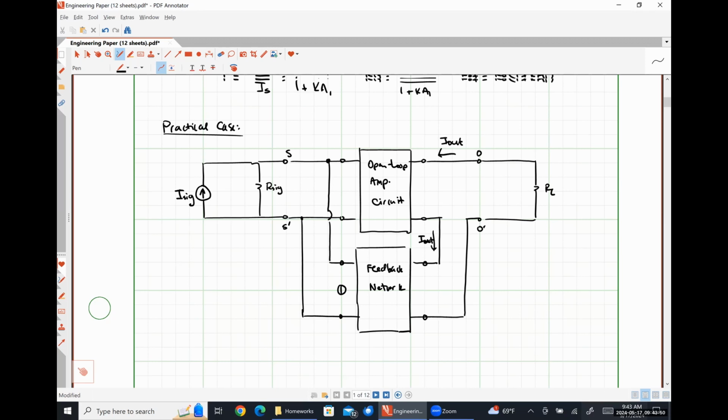This is also my current I out. And this is my current IF. This is my current I sub I. Input resistance with feedback. Output resistance with feedback. All right.